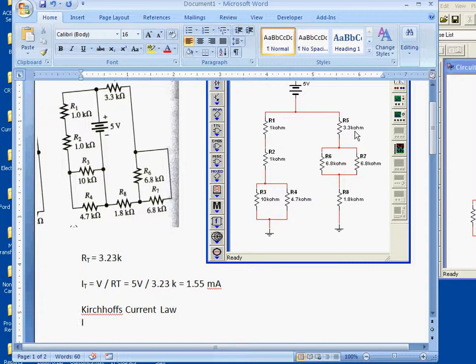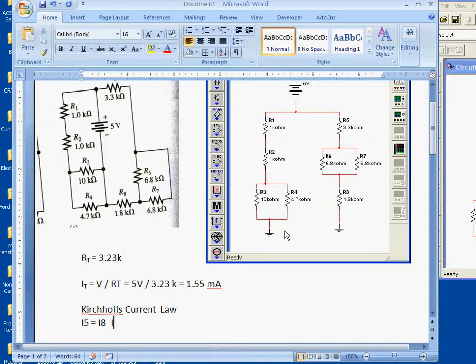So we can say that the current at 5 is going to be equal to the current at resistor 8. We can also say the same thing if we look over at resistors 1 and 2. If we measure current here and here, we're going to find that it's also going to be equal.